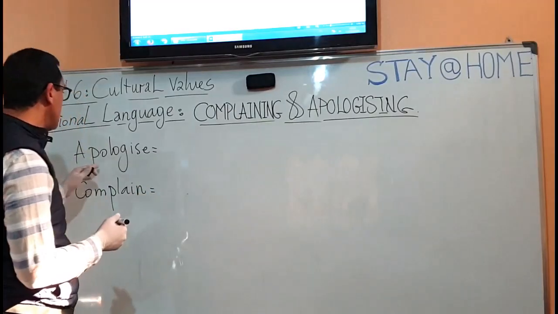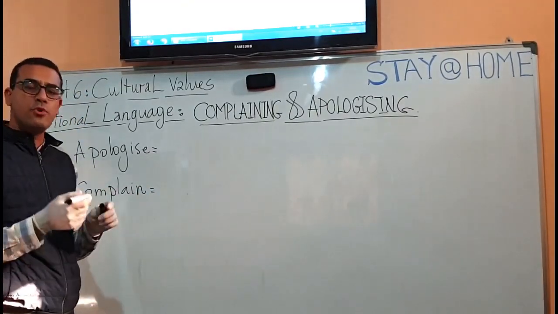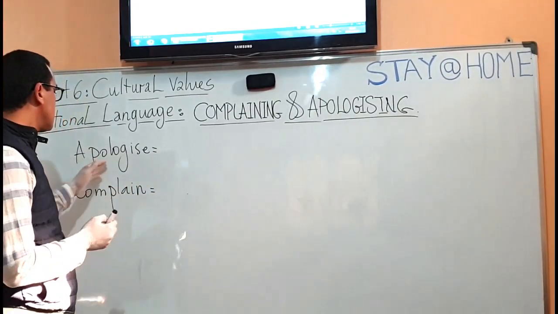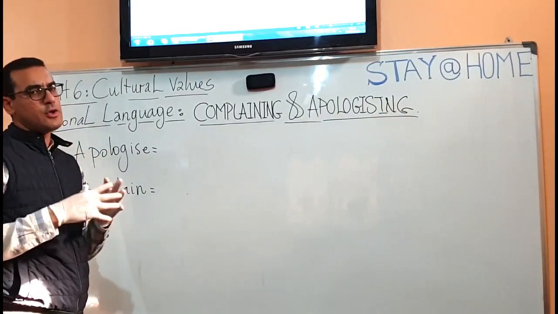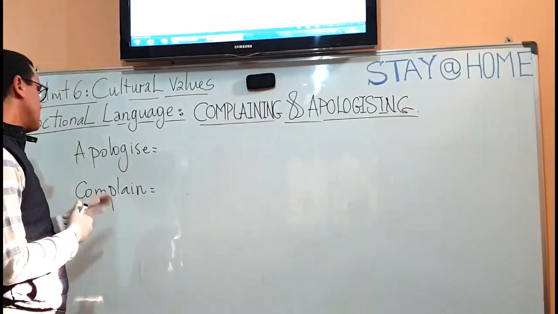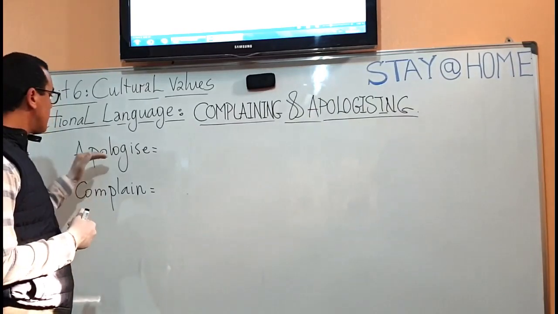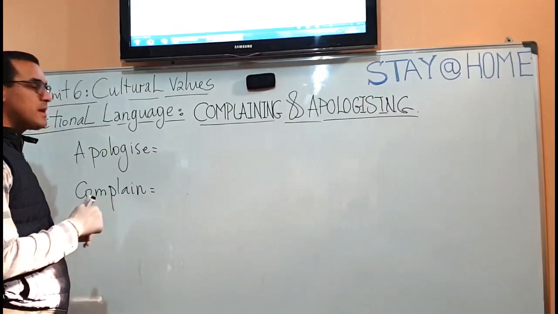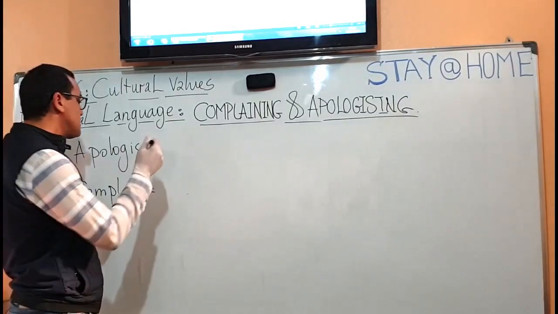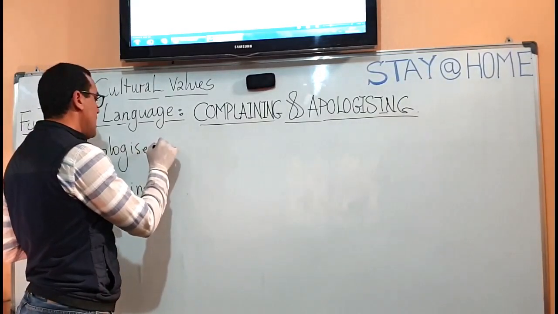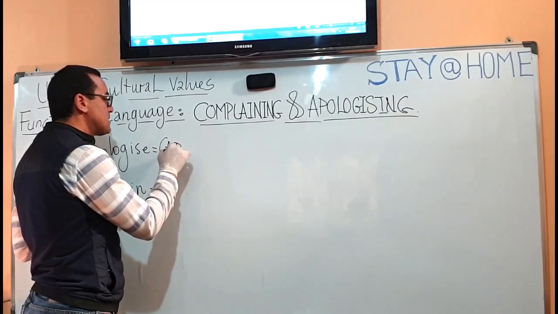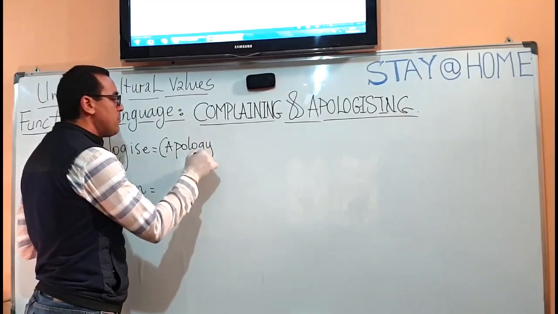Okay? So these two words are very similar, but they are hugely different. We have apologize and complain. The first word here is a verb, and the second one is a verb. The noun from apologize is apology.